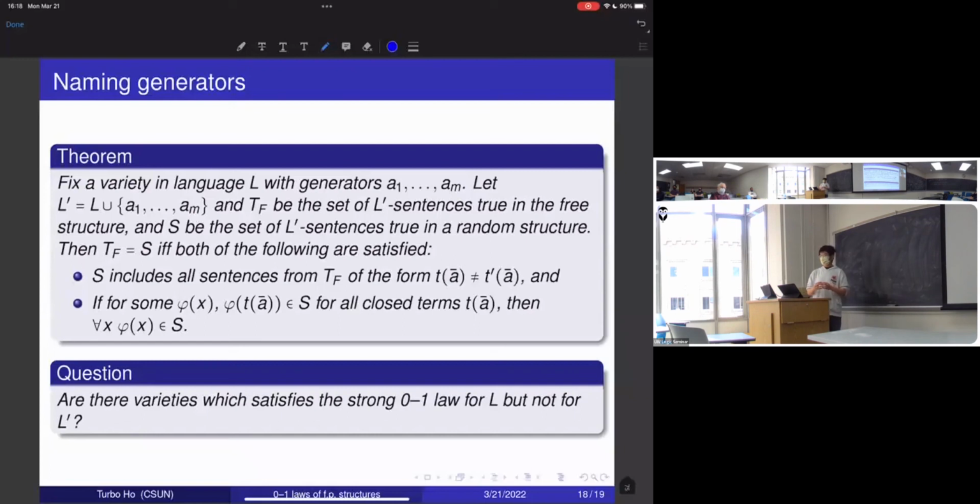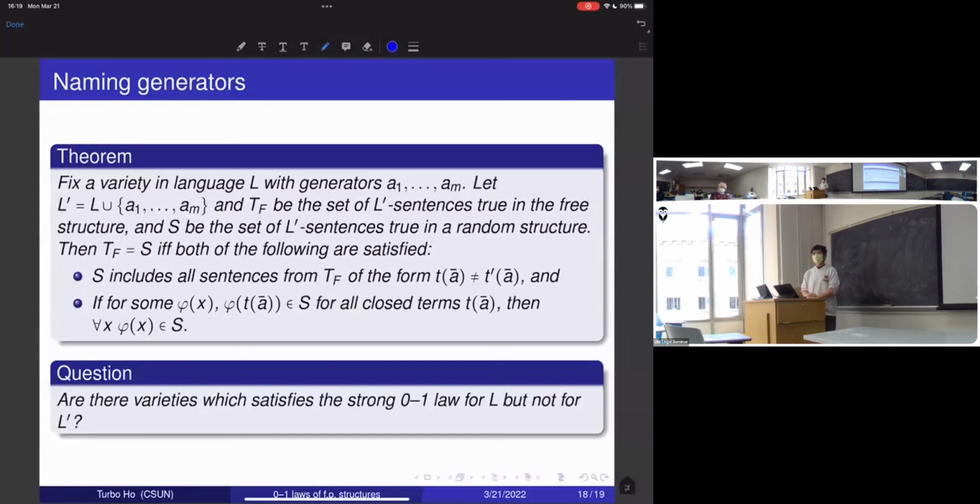Namely, in all the examples we have, if it satisfies the strong 0-1 law, then you will still have it after you name the generators. And this is another natural question you can ask: is this actually stronger, or are you not really breaking anything by always naming the generators?